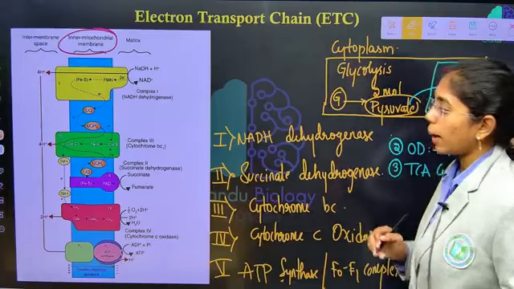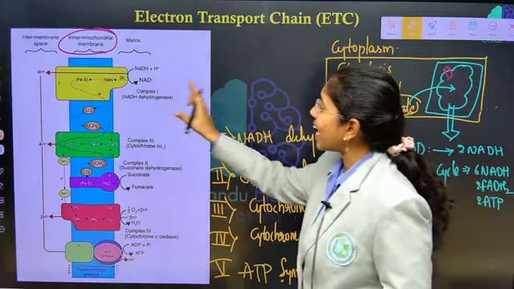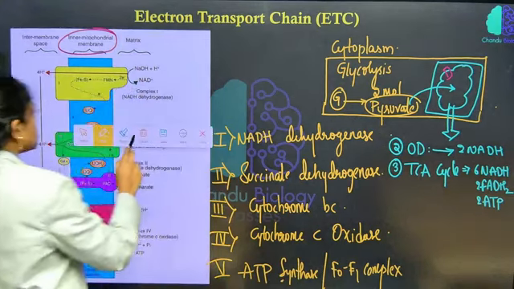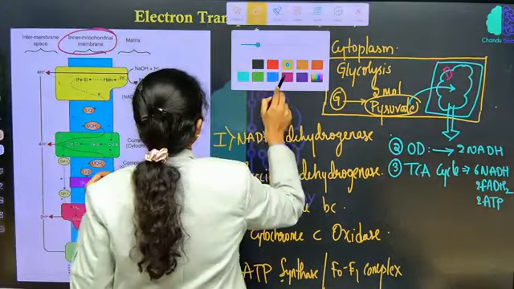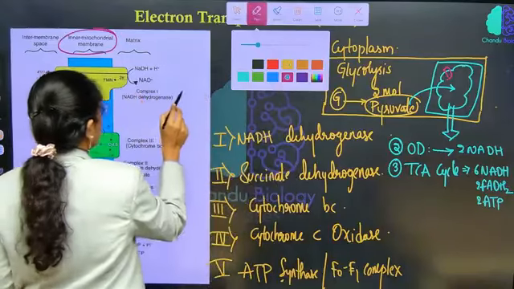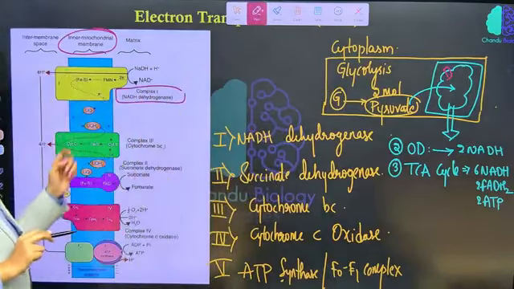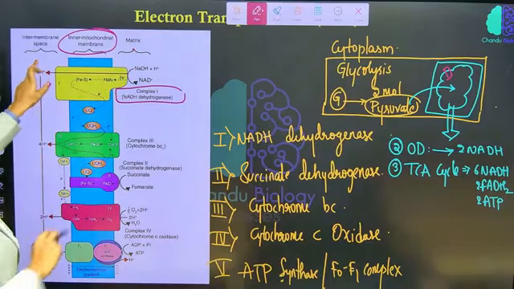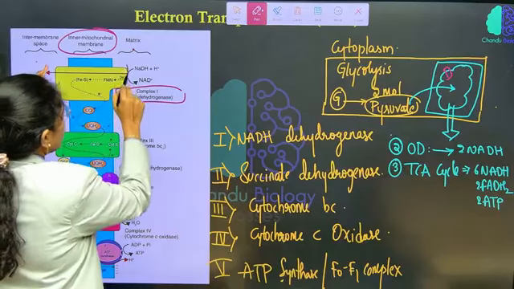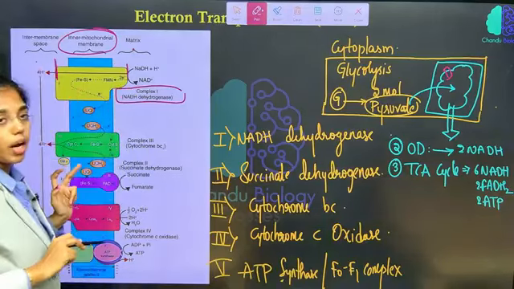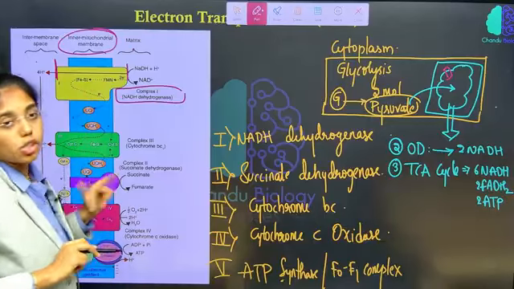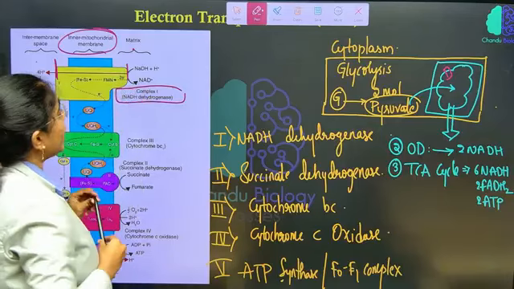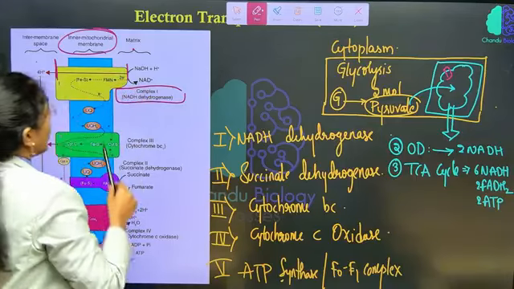So, here in the mitochondrial matrix, first NADH will be oxidized to NAD plus protons plus electrons by the complex NADH dehydrogenase. This complex 1 will span from the matrix to the intermembrane space. This pump or channel will transpan both sides of the inner mitochondrial membrane, wherein on the matrix side NADH oxidizes to NAD plus.